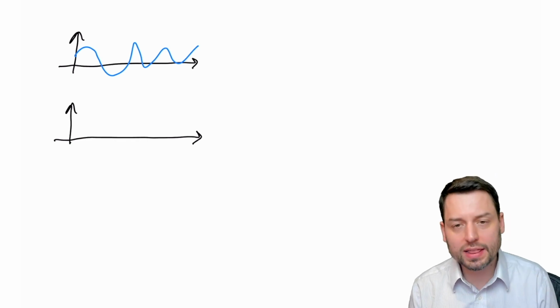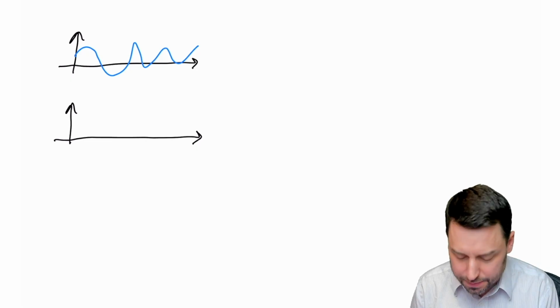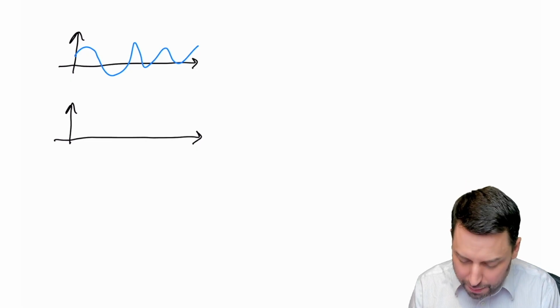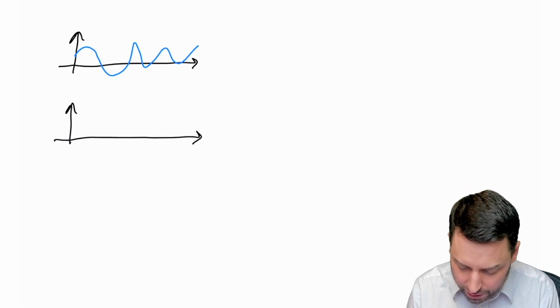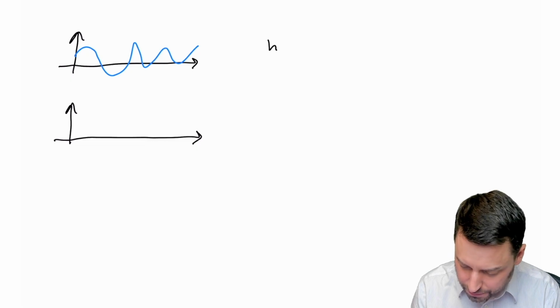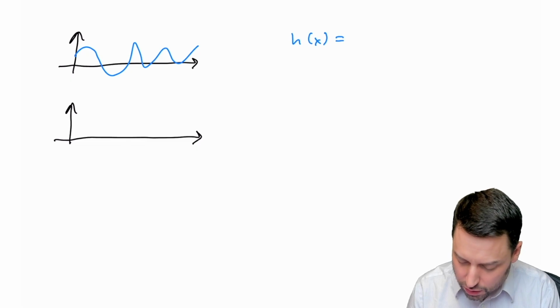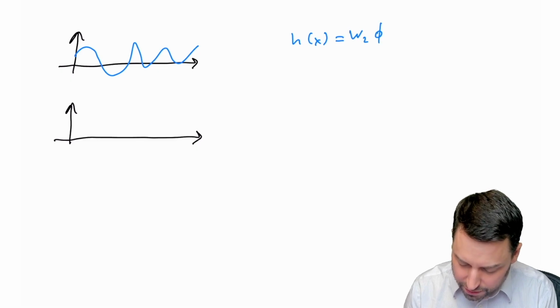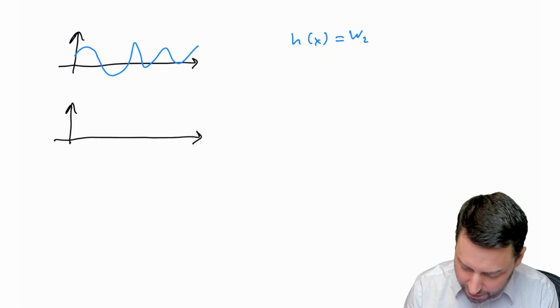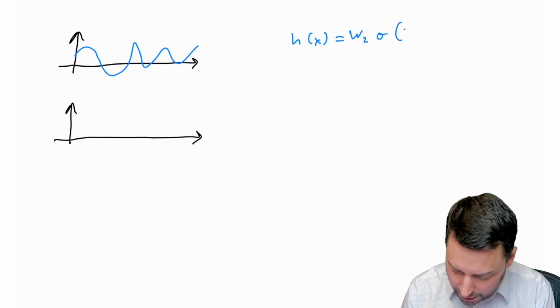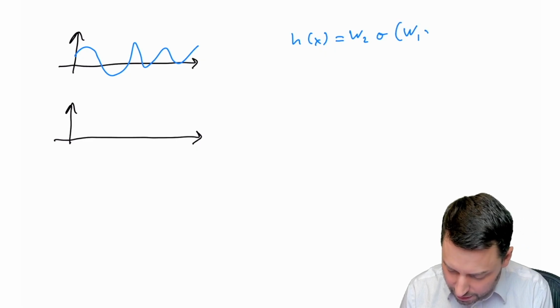I'm going to make one little adjustment to this function here. I'm actually going to define my neural network here to be equal to h of x is going to be equal to W2 times, I shouldn't use phi there, I meant sigma, times W1 x.